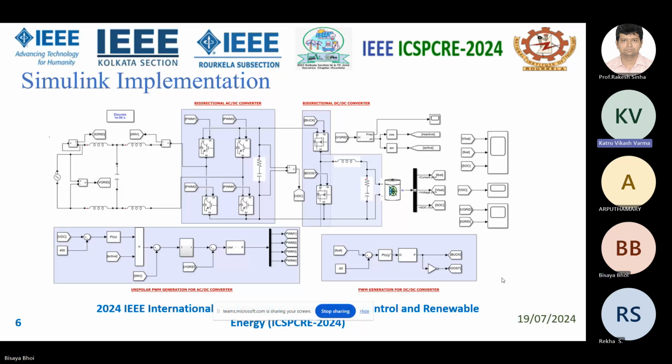What is your maximum SOC and minimum SOC you have taken? What is the range? The minimum SOC I have taken is about 40%, and the maximum is about 80%.